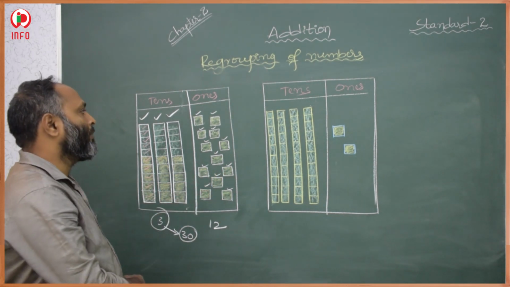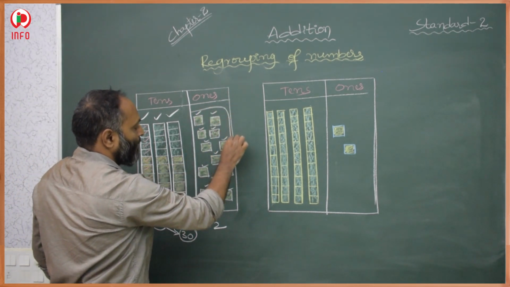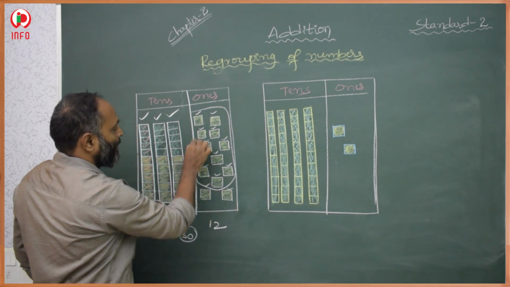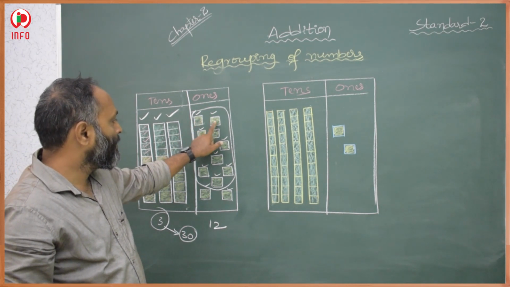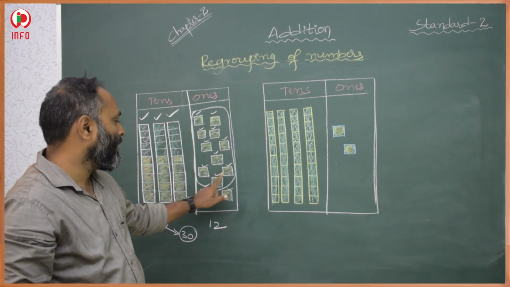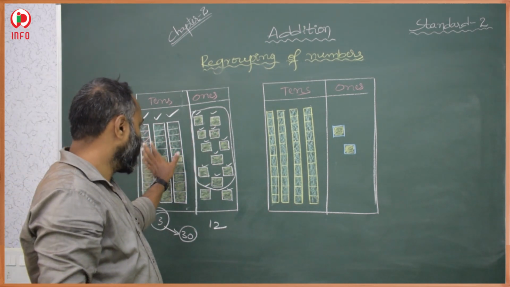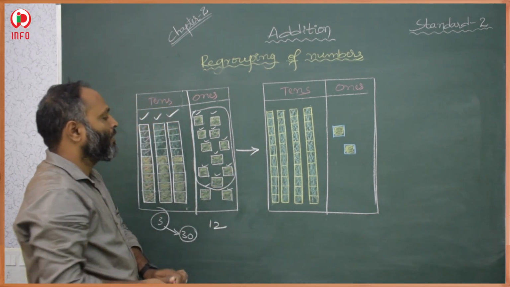Then how to regroup this? Total 10 blocks make one big block like this. How many blocks here? 1, 2, 3, 4, 5, 6, 7, 8, 9, 10. Total 10 sub blocks were there. How are we going to regroup?